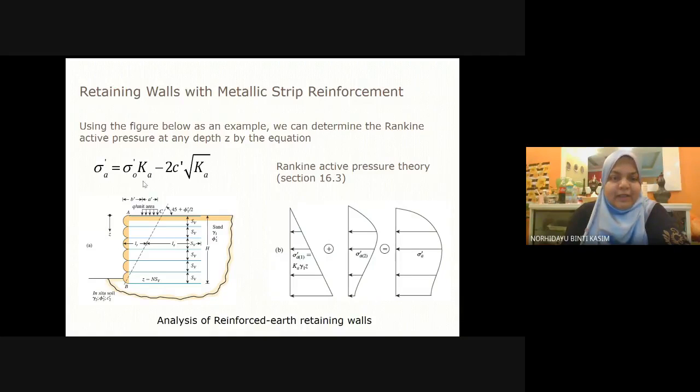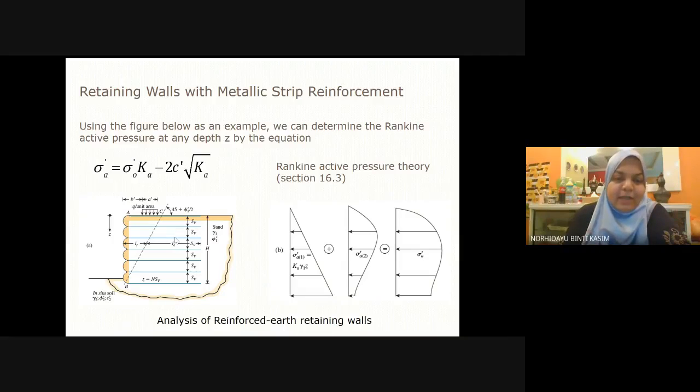Using this figure below, we can determine the Rankine active pressure at any depth Z, sigma A prime, equal to this equation.